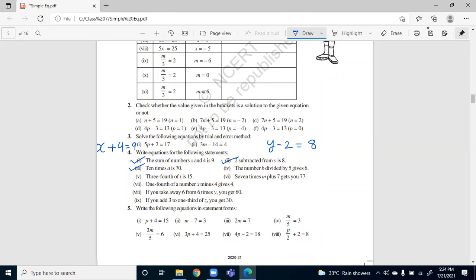So let's come to the third part, that is 10 times A. Times means multiply. So 10 times A means 10 into A, that is 10A, is 70. How will we write its equation? 10 times A means 10A; the word 'is' is replaced by the equal sign: 10A is equal to 70.